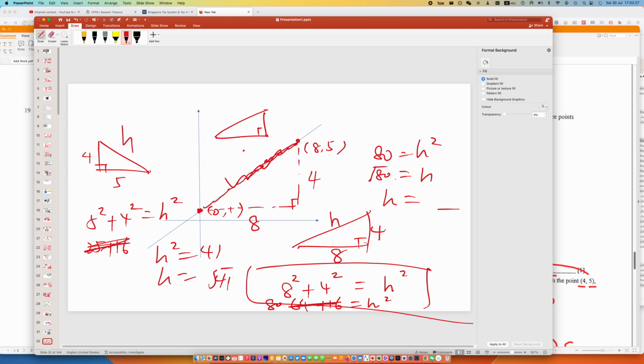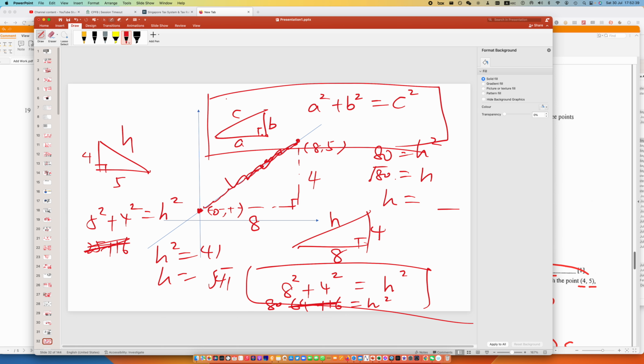Once you form a right angle triangle, this is the base, this is the height. So C is always base square plus height square is equal to C square. This is something you need to remember. It only works for right angle triangle. So this is something you probably want to write down, so next time if you are asked for the length, you can find the length.